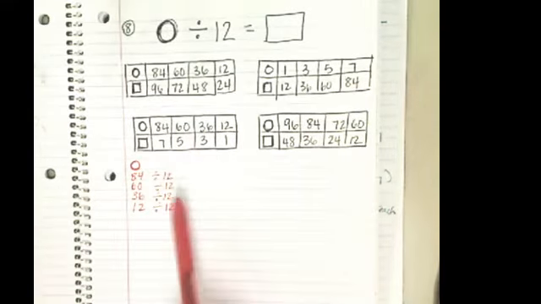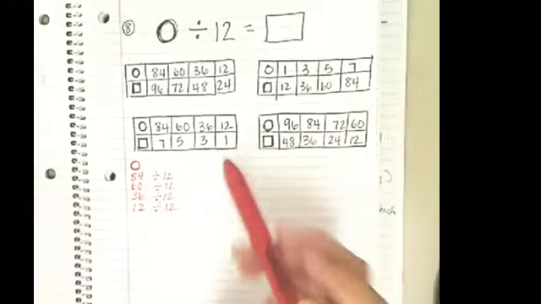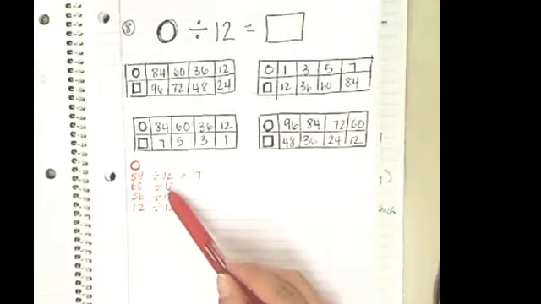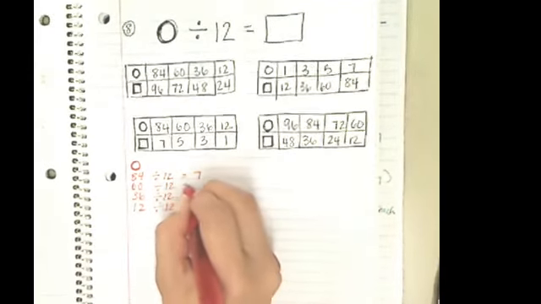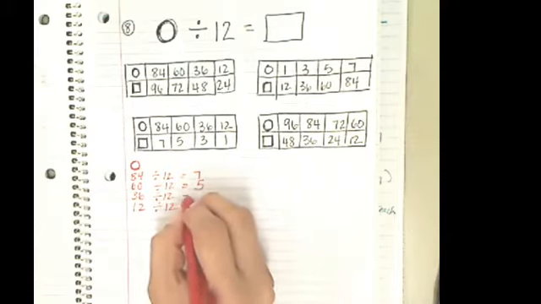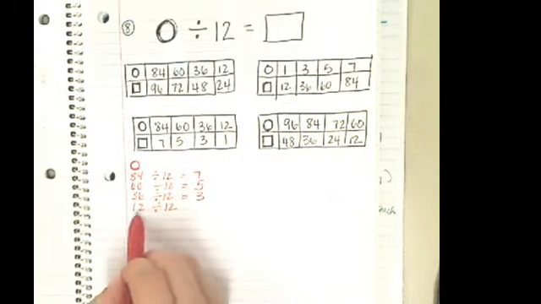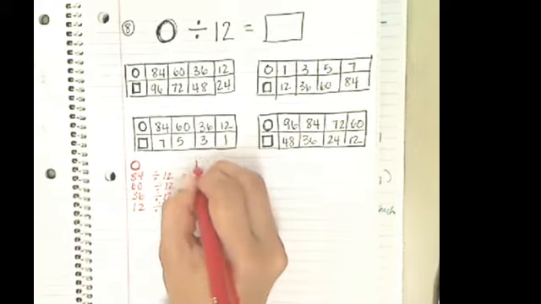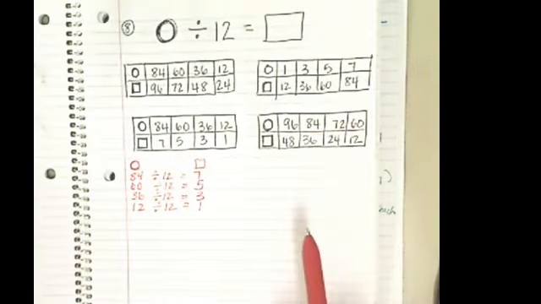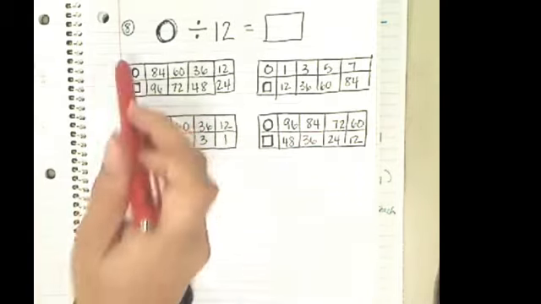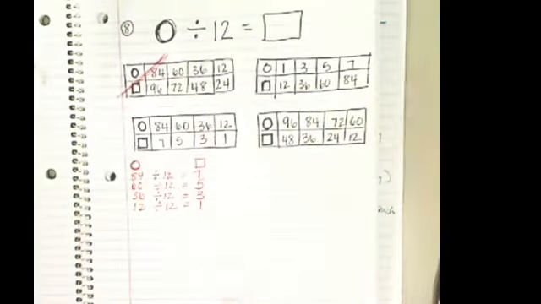Okay, 84 divided by 12 is 7. 60 divided by 12 is 5. 36 divided by 12 is 3. 12 divided by 12 is 1. These should be the value of box, but that doesn't match at all. So this table is not the one.